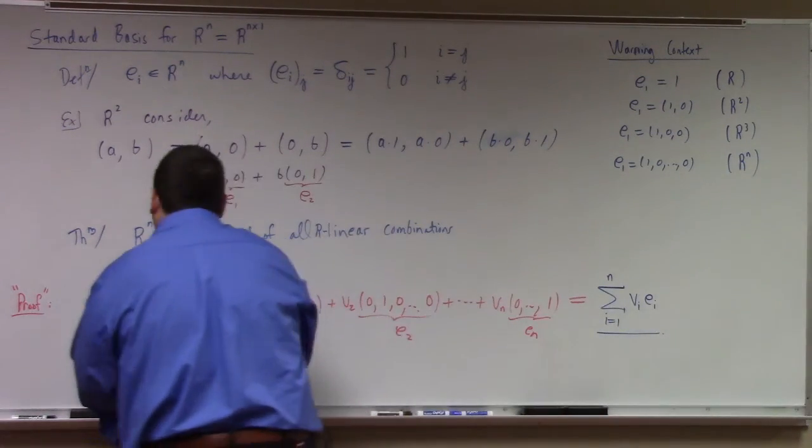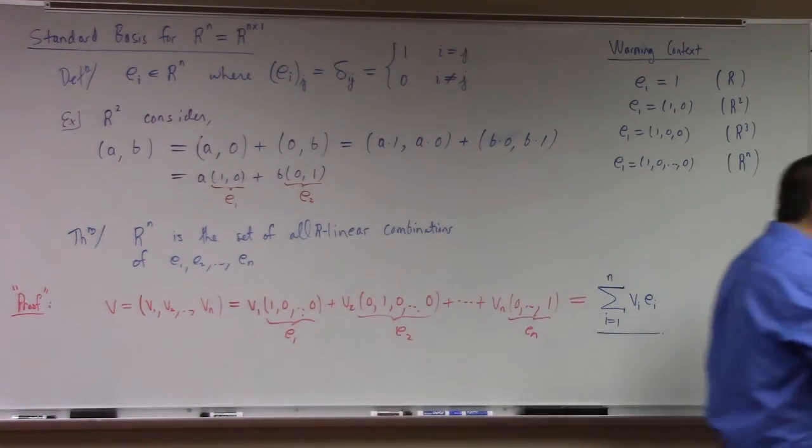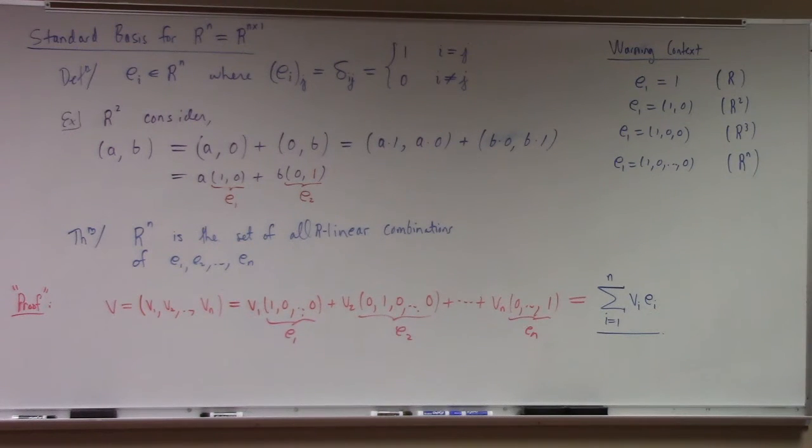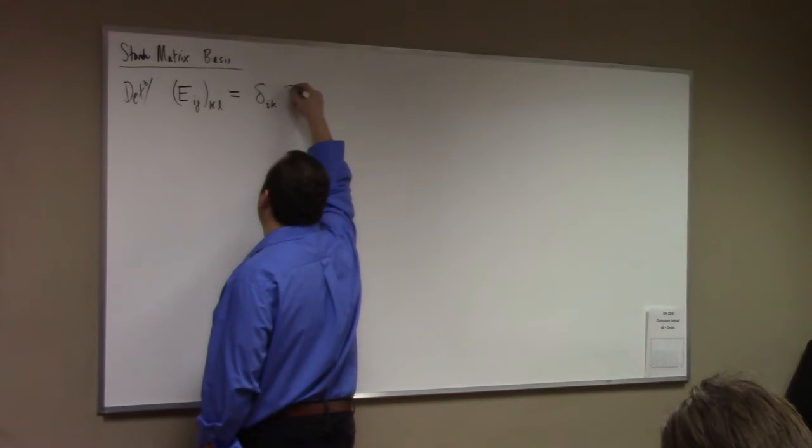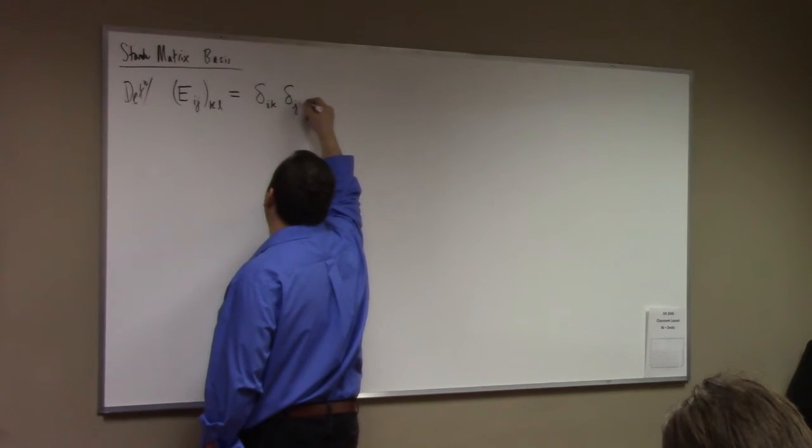So naturally, if you can do this for vectors, you might wonder, can you do it for matrices, right? So for the standard matrix basis, we define E_ij, kl, to be equal to Kronecker delta ik times Kronecker delta jl.